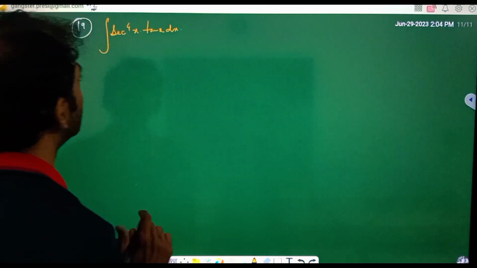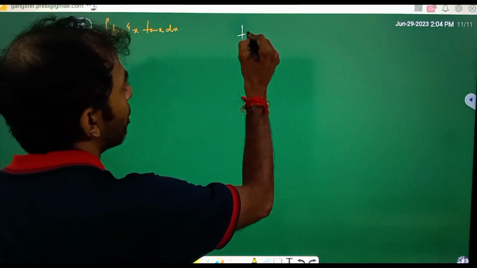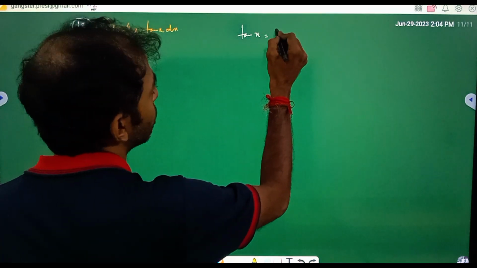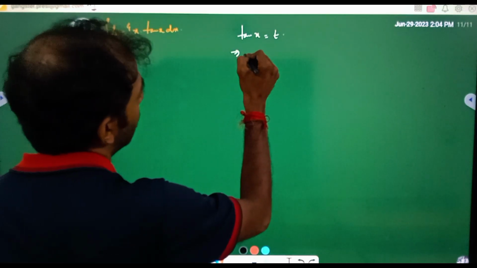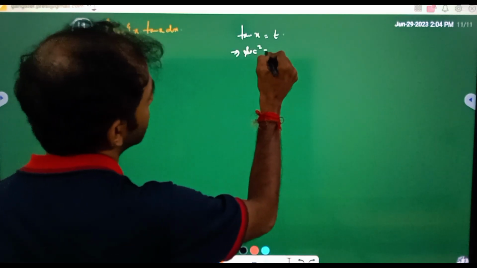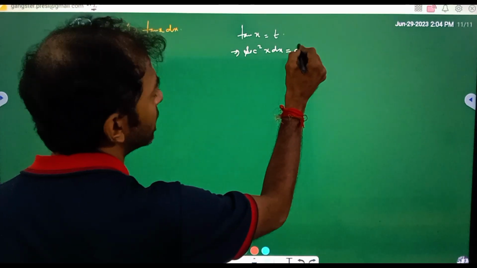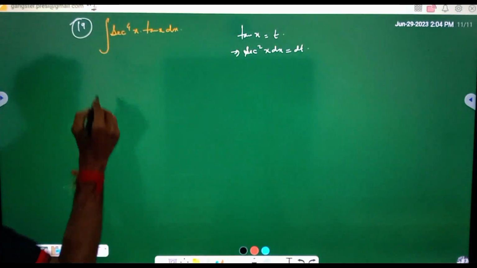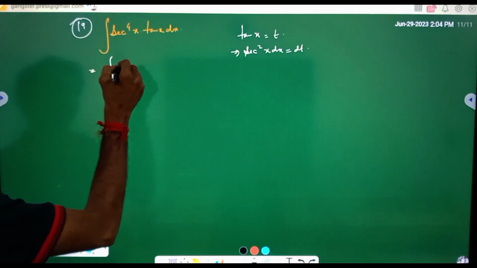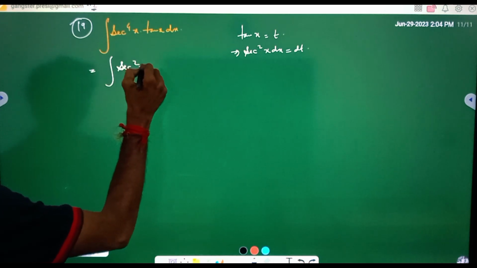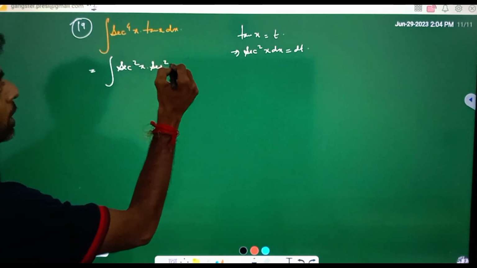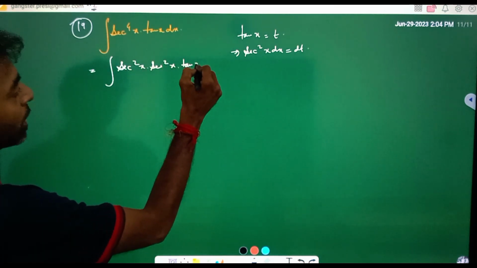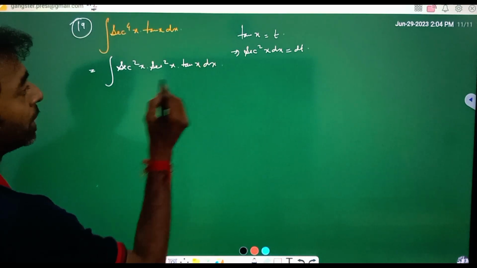So what will be the procedure here? Just the same procedure: consider tan x equals t, and after differentiation we get sec square x dx equals dt. I'm going to break this one into sec square x into tan x into dx.